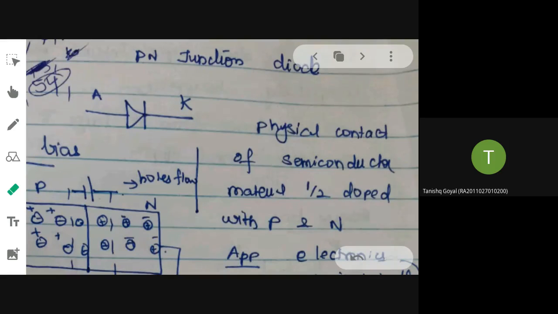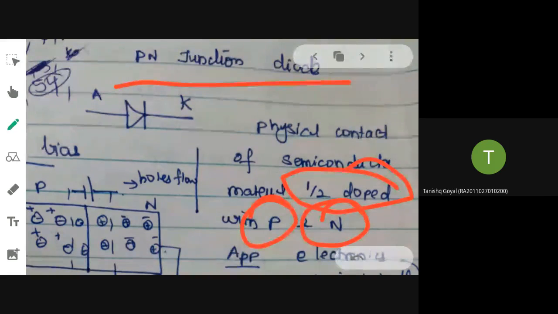You take a semiconductor material which is half doped with P and half doped with N, and you put it in physical contact. This creates a PN junction diode.